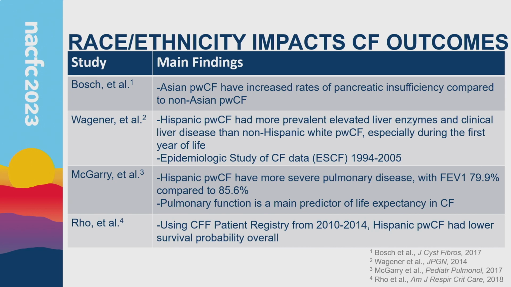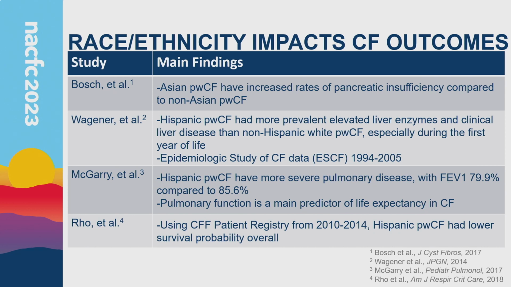And there is a growing number of studies that have found how race and ethnicity impact CF outcomes. Bosch and others noted that Asian people with CF have increased rates of pancreatic insufficiency compared to non-Asian people with CF. Wagner found that Hispanic people with CF had more prevalent elevated liver enzymes compared to non-Hispanic white people with CF, especially during the first year of life, and they used the epidemiologic study of CF data.